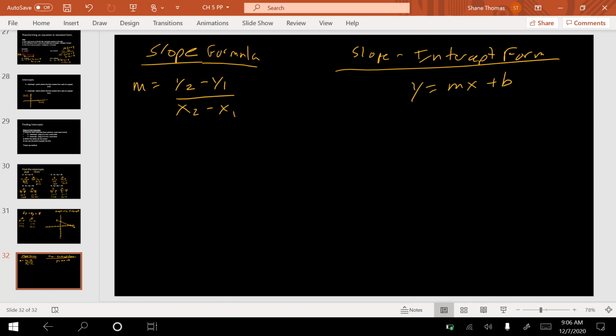Okay, then we have point slope formula, like I told you. I like to call it formula, not form. Book's going to call it form. All right, so point slope formula is how you find an equation if you're given a point and a slope. So point slope formula, I have y minus y1 equals my slope times x minus x1.